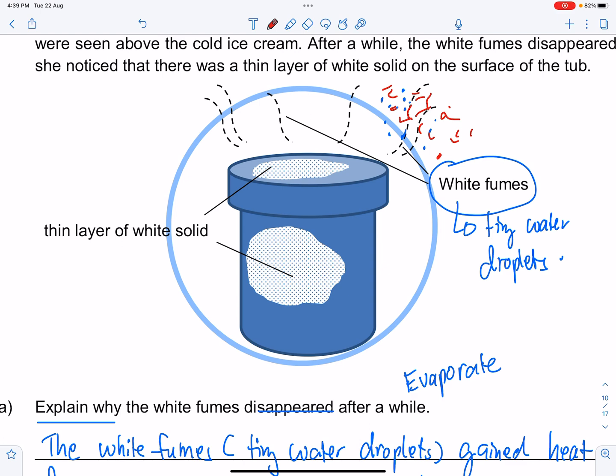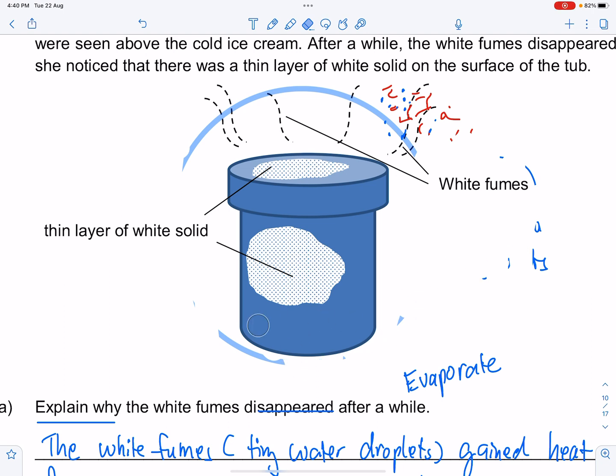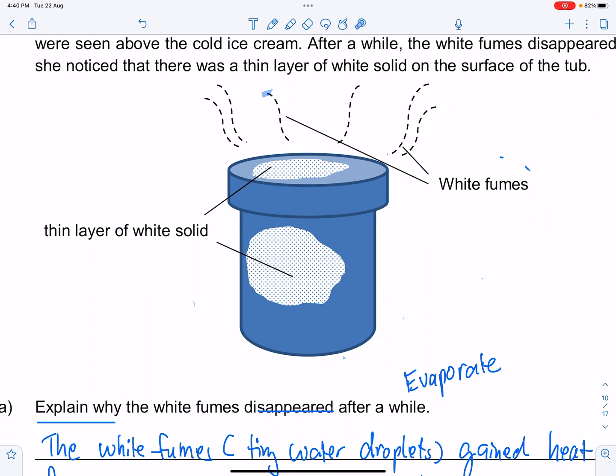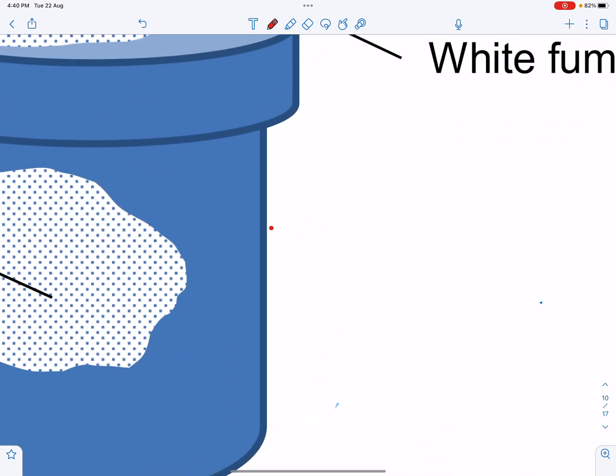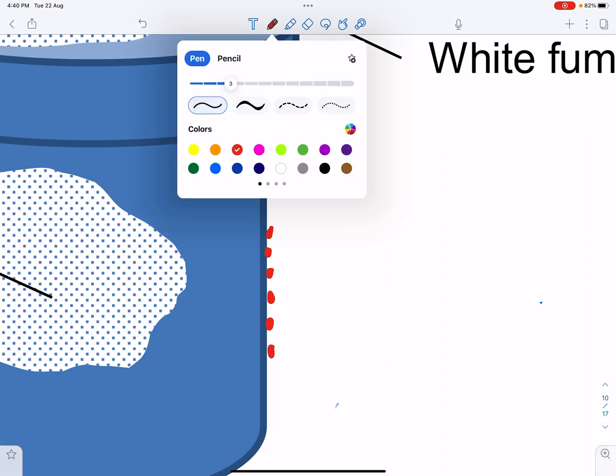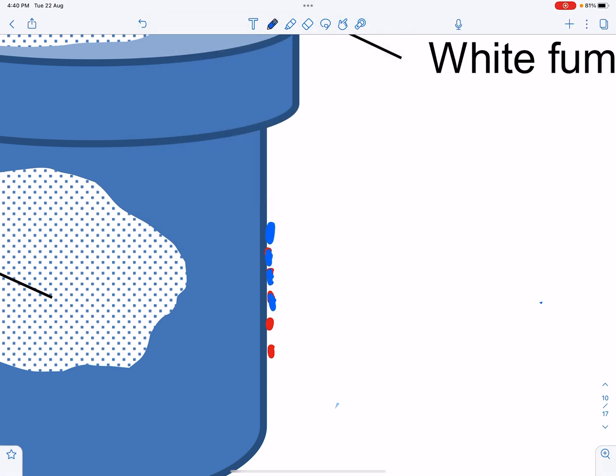The water actually came from your warmer surroundings. Remember, you have some air that's surrounding it. When it first got taken out of the freezer, this warmer air contains water vapor. This water vapor will touch the surface of your ice cream, and what will happen is that they would lose heat and condense into tiny water droplets.